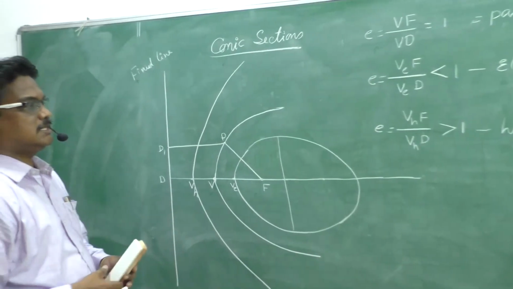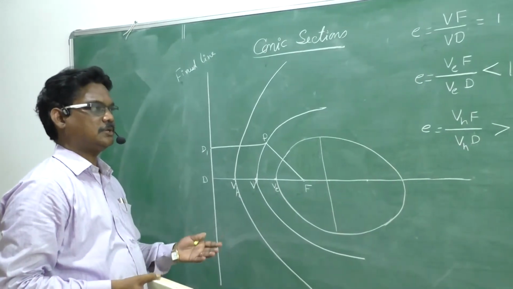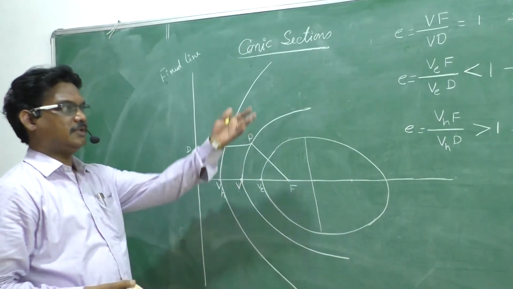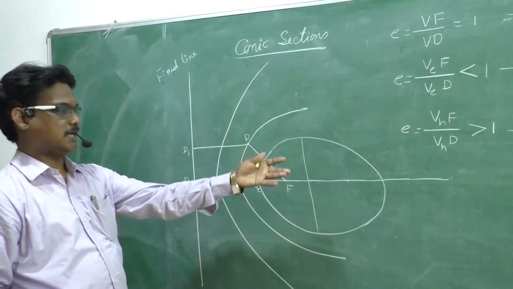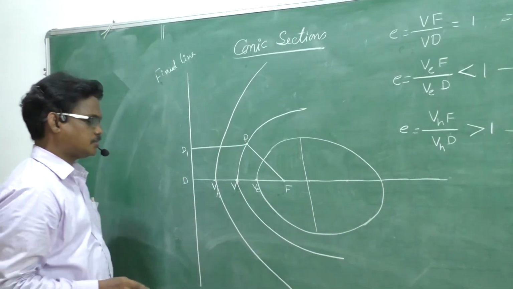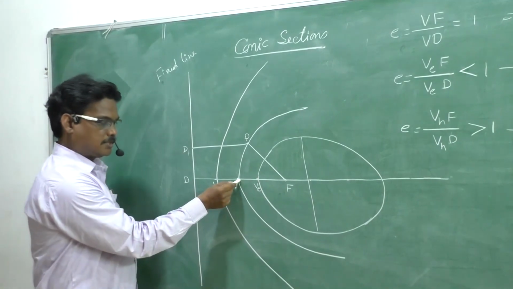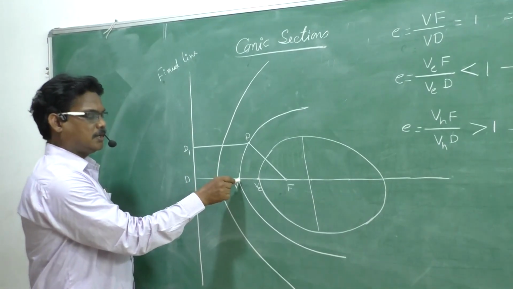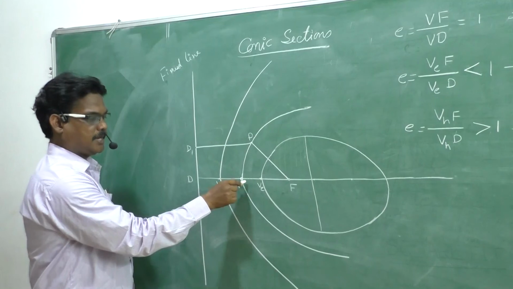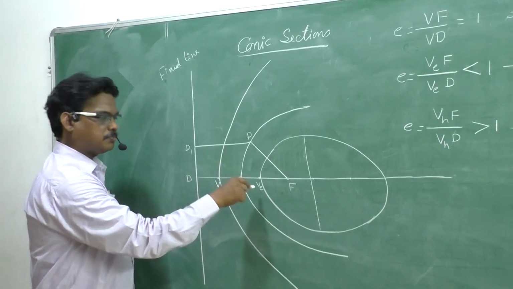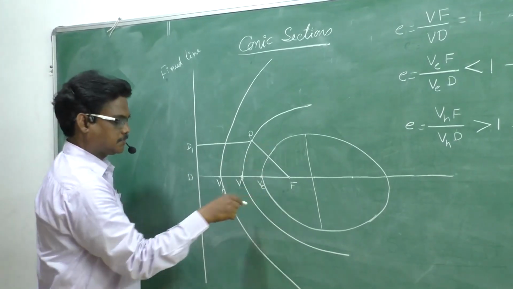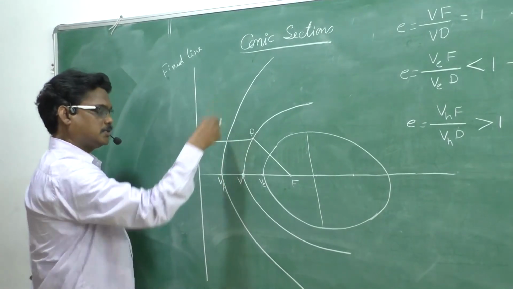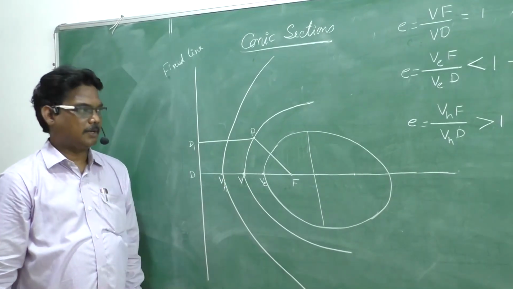Here, by considering eccentricity, using mathematical basics, we define parabola, ellipse and hyperbola. And you can observe that V is the point on the curve parabola, VE is a point on the curve ellipse, and VH is also a point on the curve of a hyperbola.